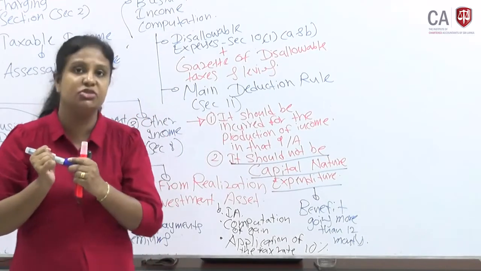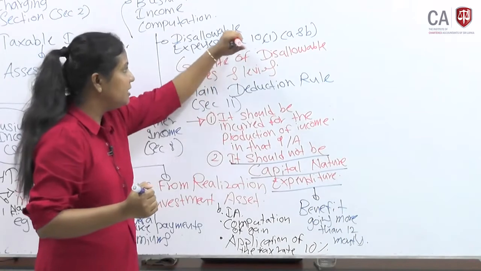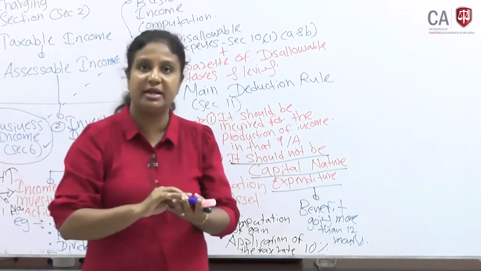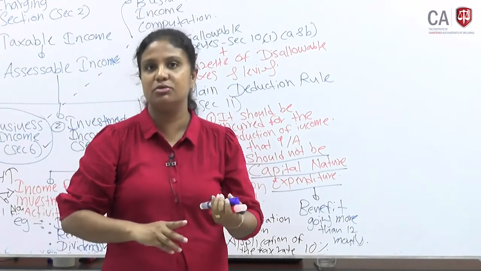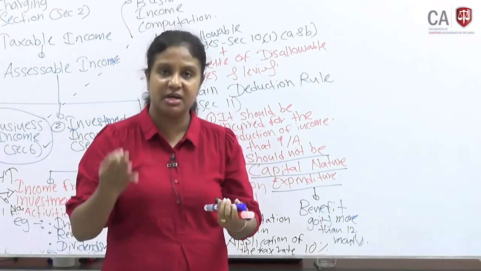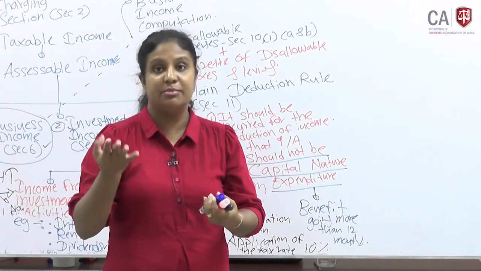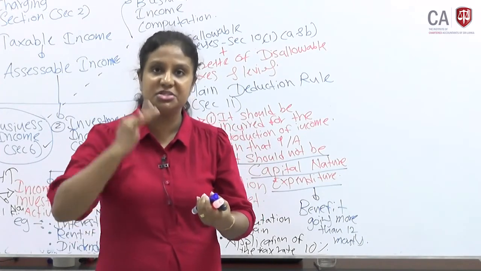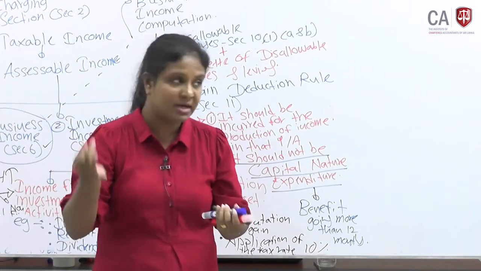I suggest you go through that list and understand what the disallowable expenses are. For example, entertainment expenses are disallowed, penalties, any charges to the government are disallowed, and provisions, any amount transferred to accounts which are notional entries, these are disallowed.